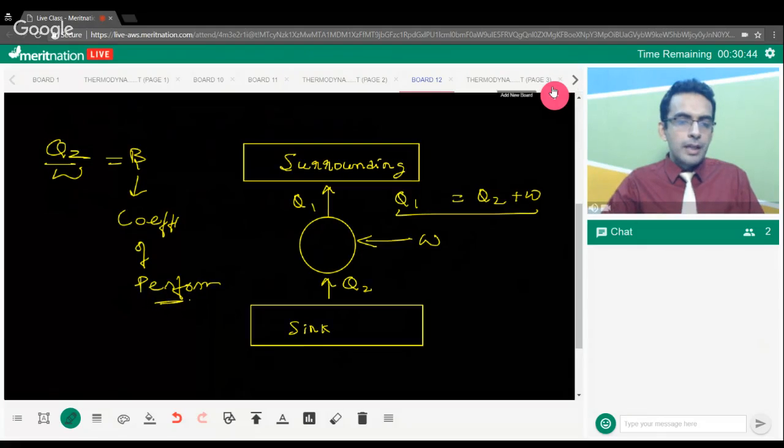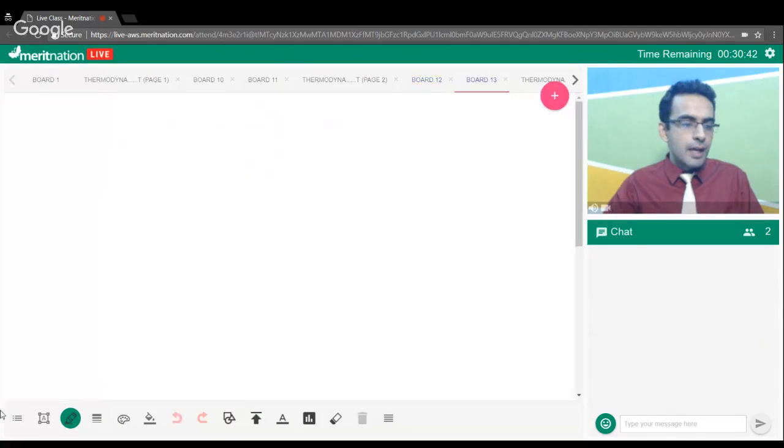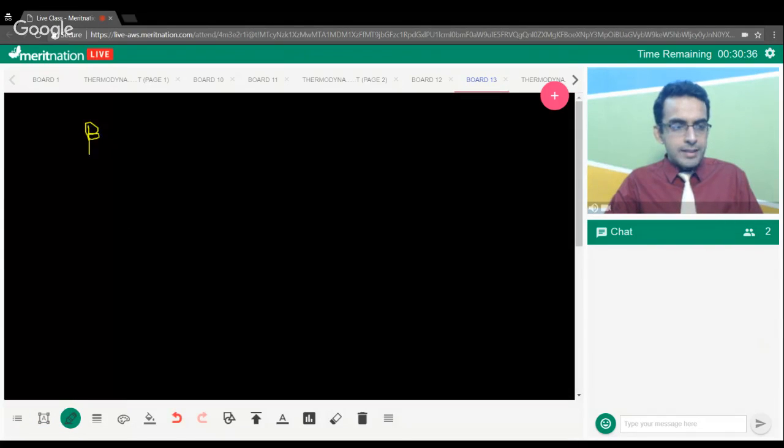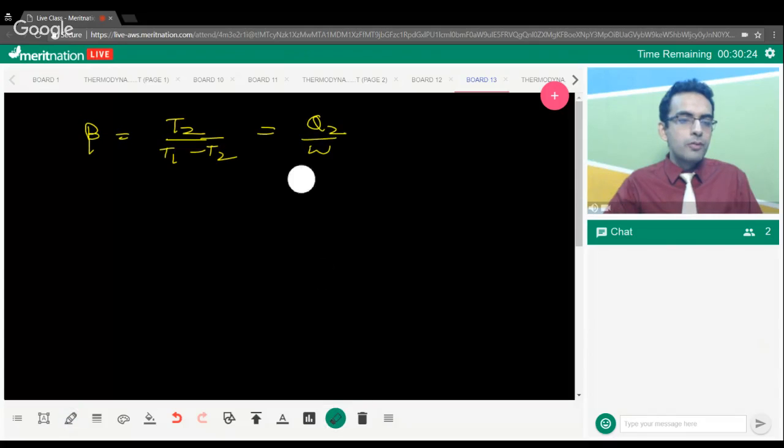So its relation with efficiency and temperature is as, see, beta is equal to T2 by T1 minus T2. Okay. And it is equal to Q2 by W. You can also say W is equal to Q1 minus Q2.